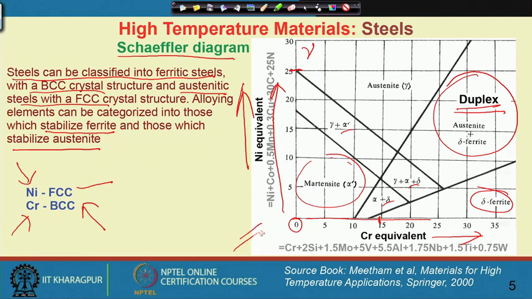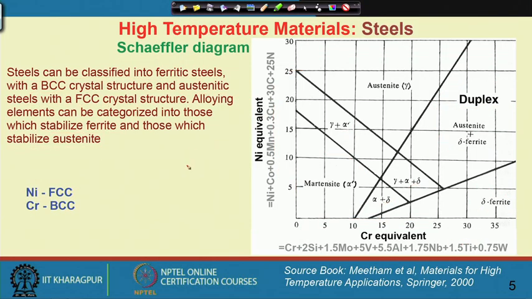This is a diagram often used for stainless steel, because stainless steel is a heavily alloyed steel. So from here, if we need to design a ferritic steel, we can easily understand that we need a higher chromium equivalent, or if we need to develop an austenitic steel for higher temperature application, then we have to go to this side.